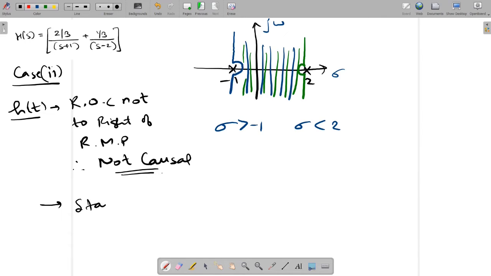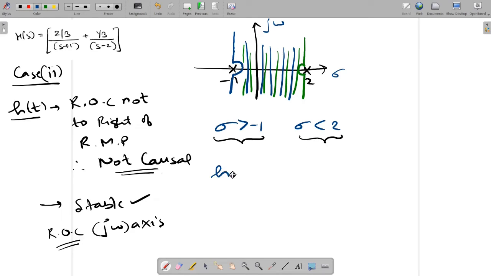Is it stable? Yes, because the ROC contains the j omega axis. And how do you get this kind of an ROC? We have done this earlier also. Just take the inverse Laplace transform of h of s, and you will get h of t.